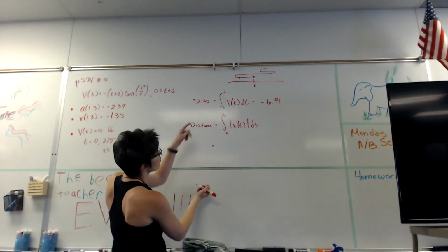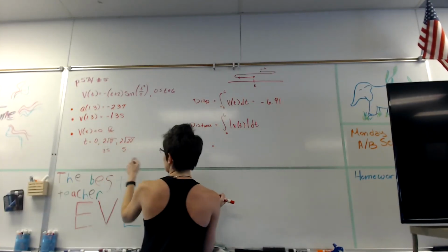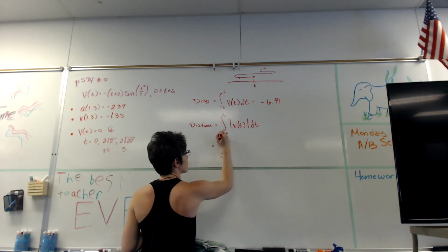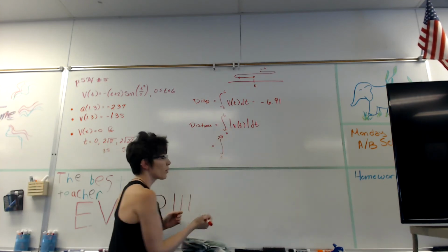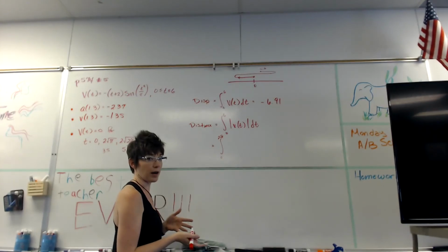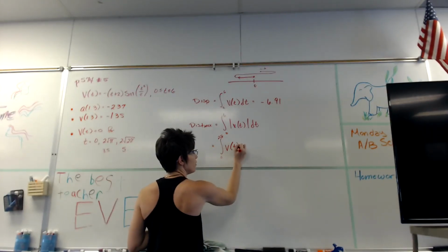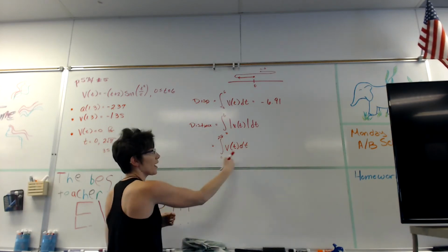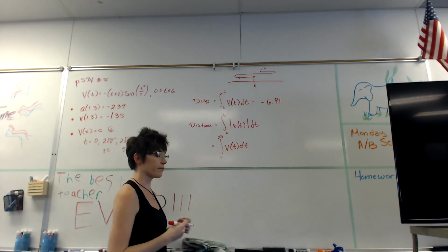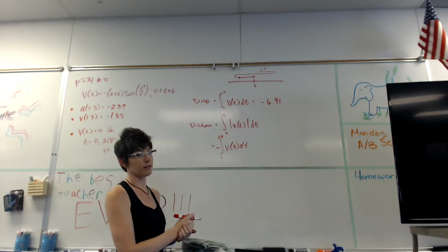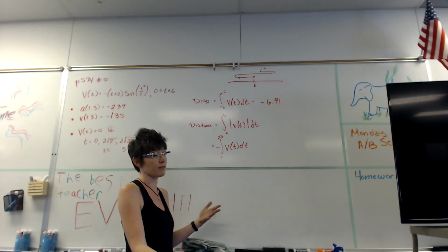So this first interval from 0 to 2 root pi, your particle is moving backwards in the negative direction, so I know that this integral by itself would be negative. In order to force it to be positive, throw a negative sign in front of it, because negative negative becomes positive.